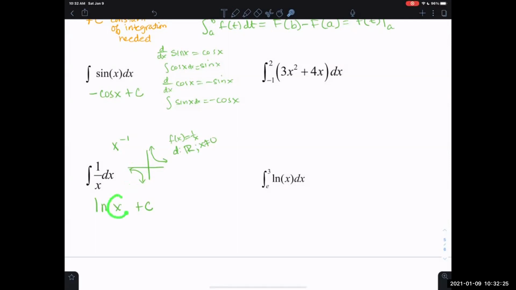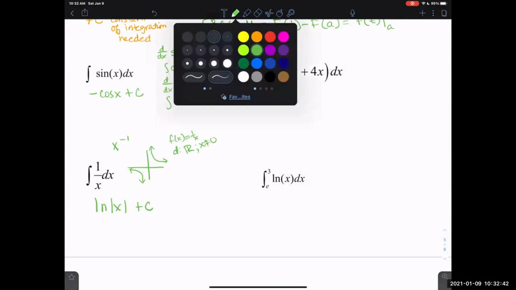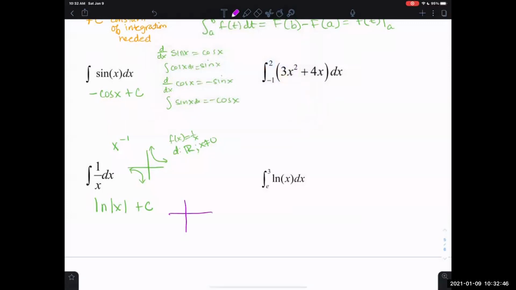With ln x, we know we can't take the log, natural log, common log, any kind of log of a negative number, therefore requiring us to have an absolute value on that. And if you actually think about the graph of what the absolute value of natural log would look like, right?